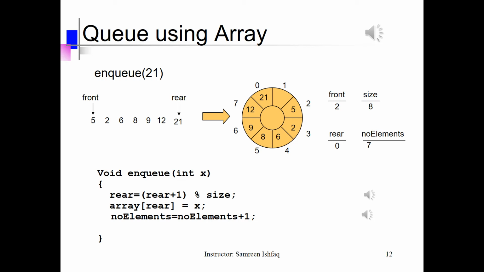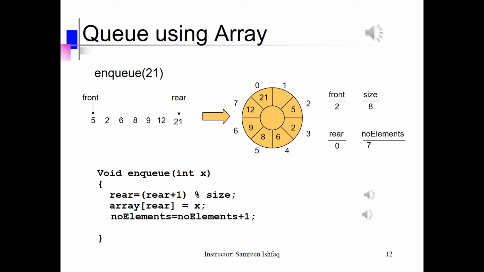Let's see the code of enqueue function. In line 1, 1 is added to rear and the mod operator is applied with the size variable. We know that in this example the size of the queue is 8. So this formula will ensure the value of the rear will always be from 0 to 7.